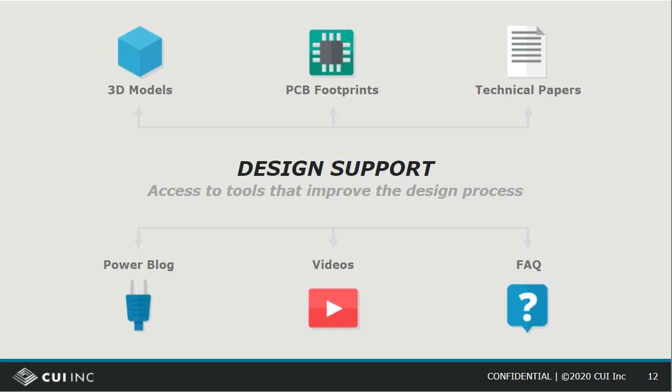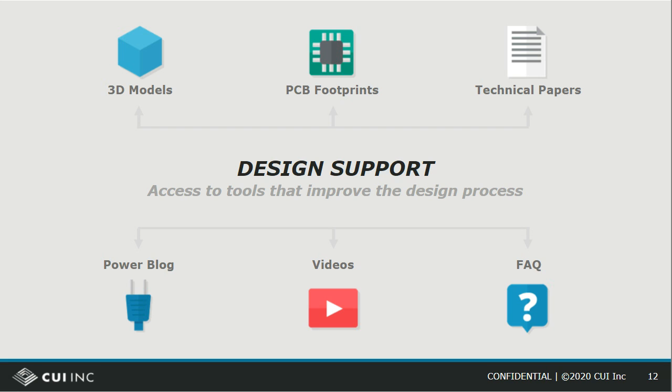One of the things you ought to keep in mind when choosing a supply, and again, this applies to either internal or external supplies, is the design support that you will receive. And such things as three-dimensional models, if it's internal or external, that's important. The printed circuit board footprint on which the supply will reside, that's more important on internal supplies.